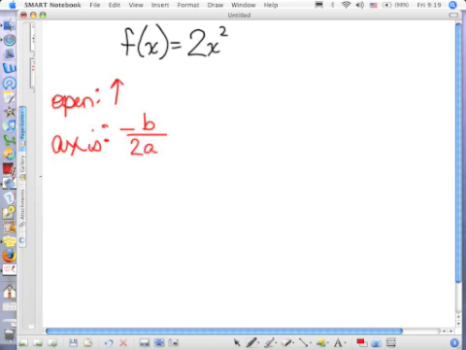But there is no b. So it's 0 over whatever. Doesn't matter what's in the denominator. What's 0 over anything? So my axis is x equals 0. That's the y-axis. My vertex, when x equals 0, I plug that back in and see what I get. 0, 0.